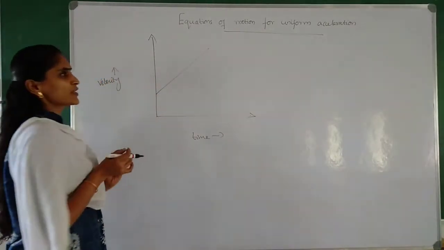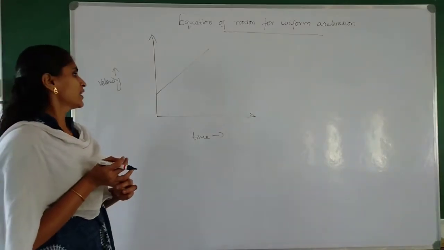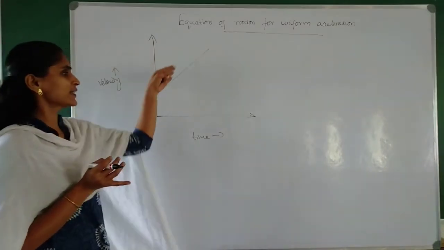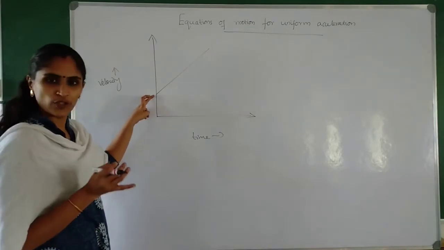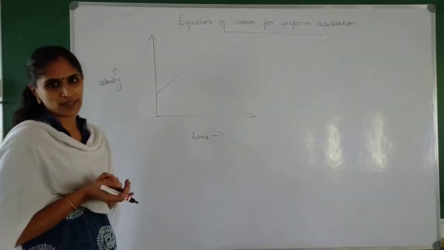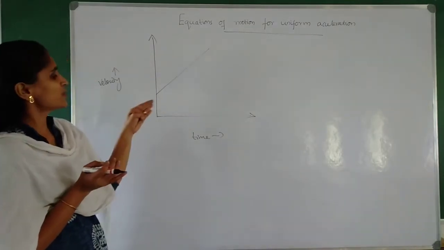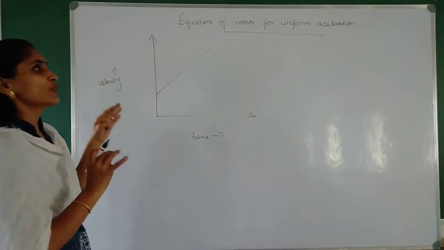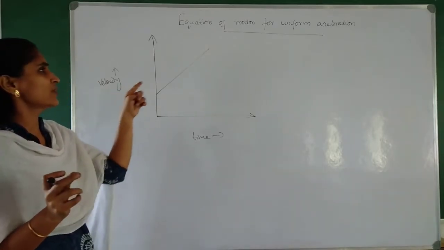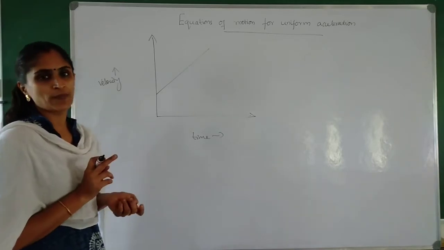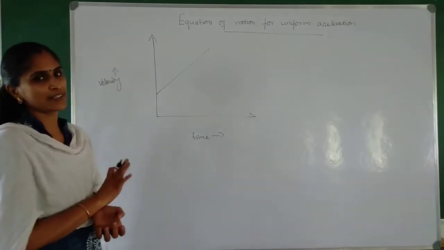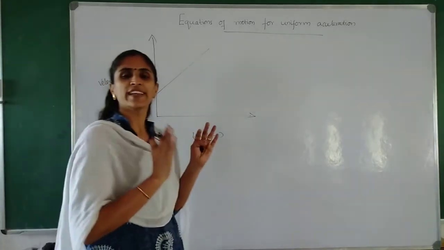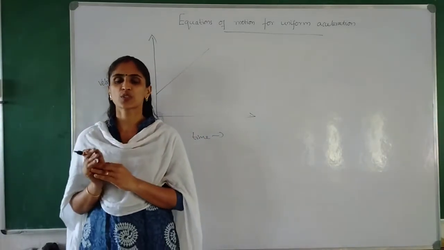Okay, so the graph is inclined, initial velocity is not 0, it has some value. So an object is moving with a non-zero initial velocity and with a uniform acceleration. From this graph we can obtain the three equations of motion.